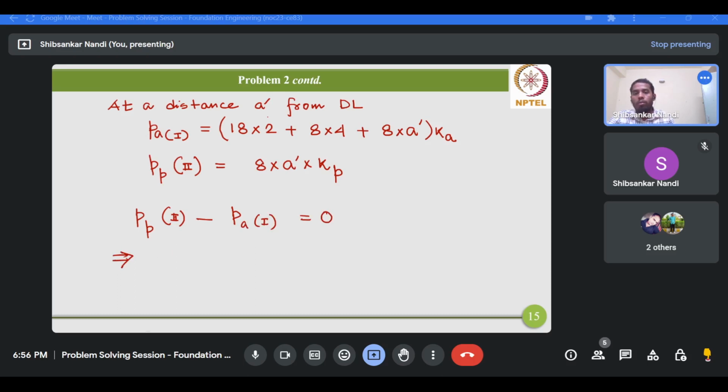Therefore, this value 18 multiplied by 2 plus 8 multiplied by 4 is 36. 36 plus 32 means 68.